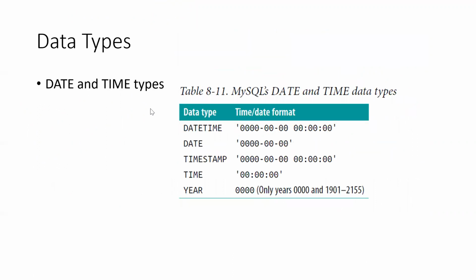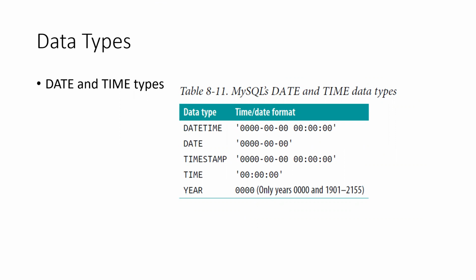Then if you look at dates and times, it's interesting. There are a couple of formats supported by MySQL. You can use datetime if you want to represent both date and time information. Then date, timestamp, time, and year.